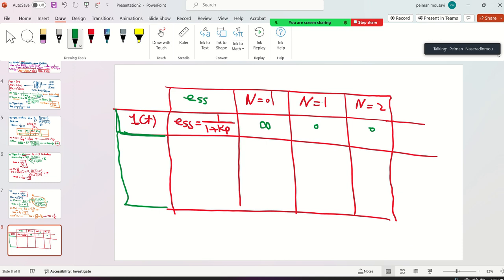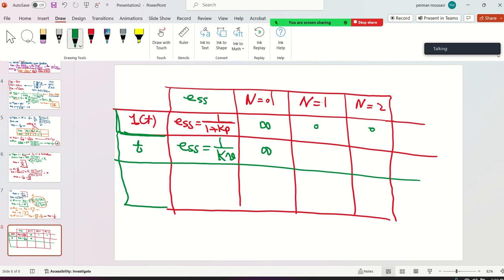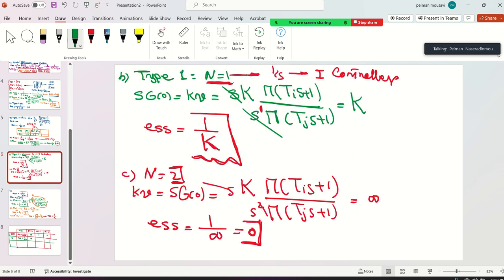Then for the ramp input, e_ss was 1 over Kv. Here was infinity, 1 over K and 0.